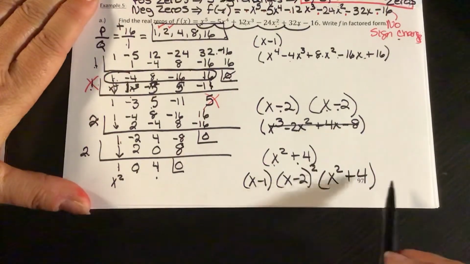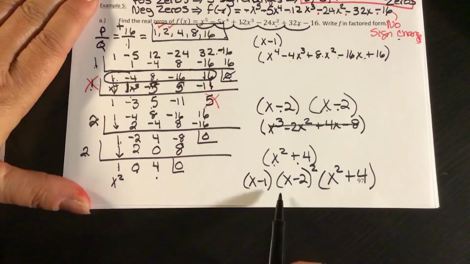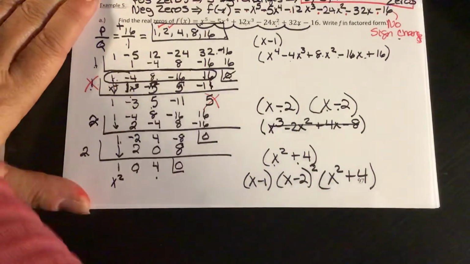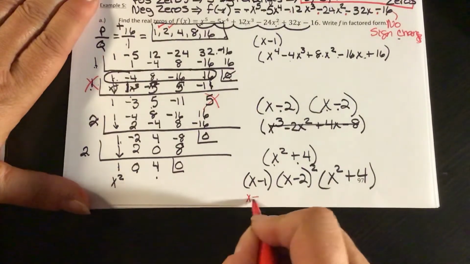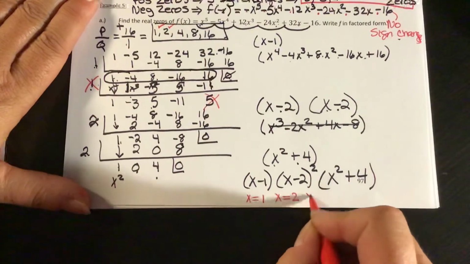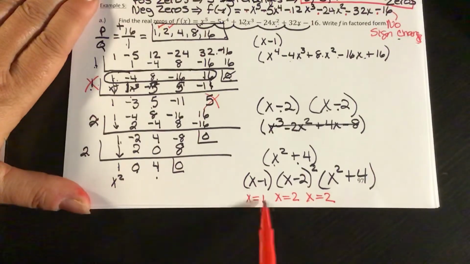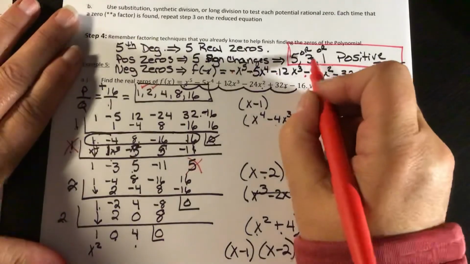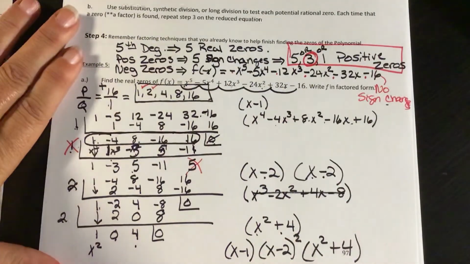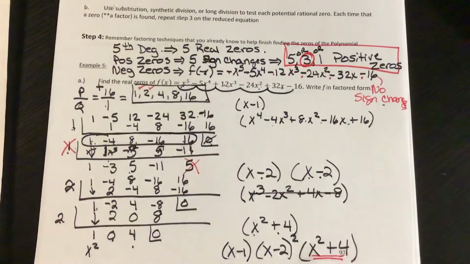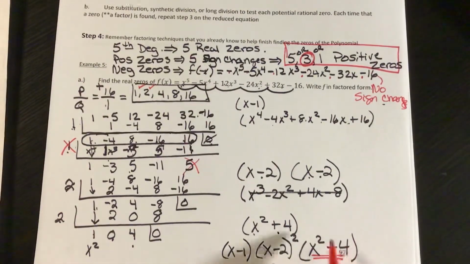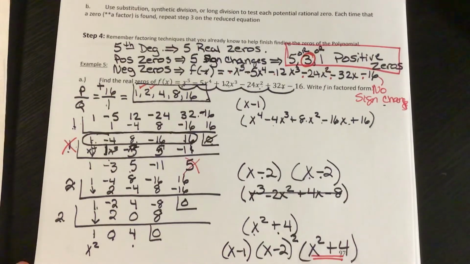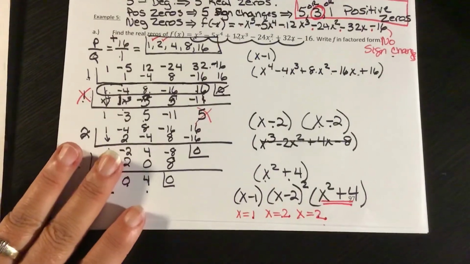All right, so this is completely factored. My real zeros are x equals 1, x equals 2, x equals 2. So there are 3 positive zeros. If I were to set x squared plus 4 equal to 0 and find the zeros, they would not be real numbers. They would be imaginary numbers. So these are my real solutions.